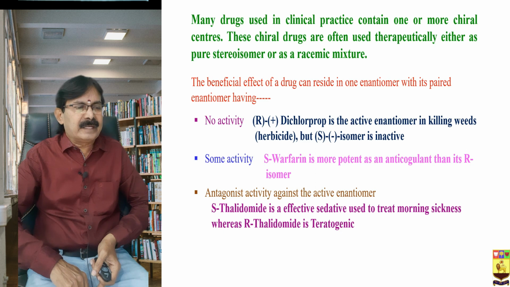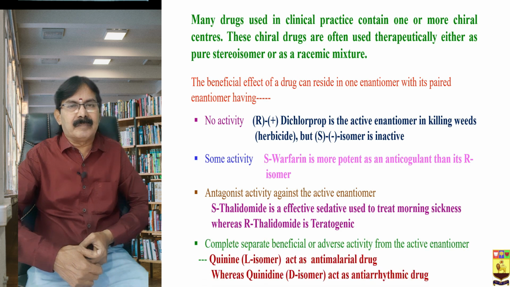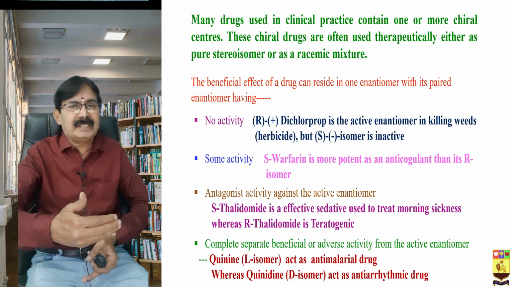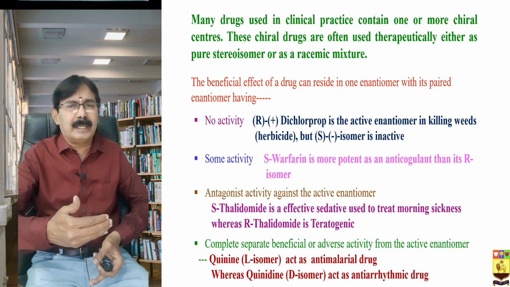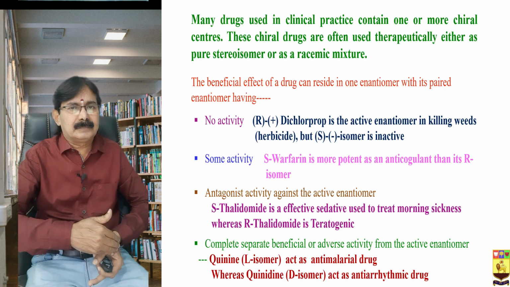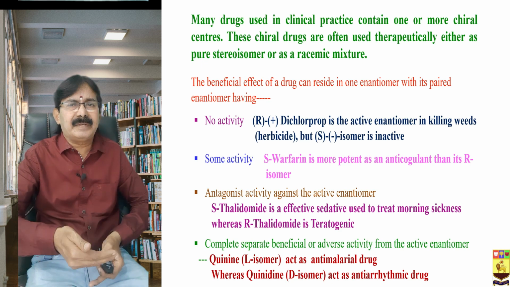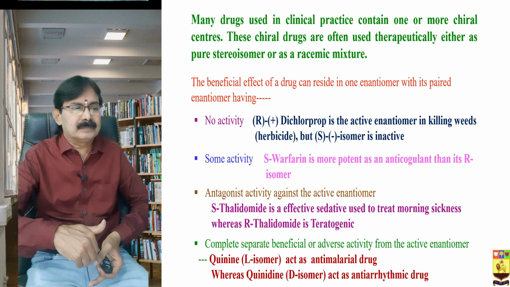And a completely separate beneficial or adverse activity from the active enantiomer. Now, in the previous example, I told only the adverse effect. Here, it may be beneficial or adverse.